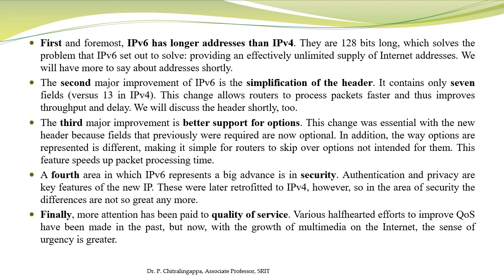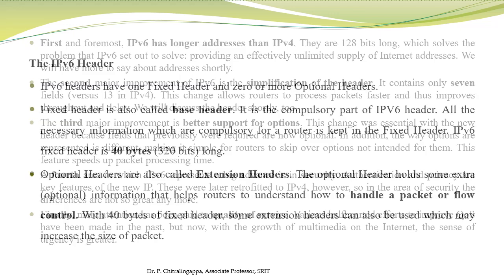This is one salient feature of IPv6, and the second one is the simplification of the header. The third one is better support for options, security, and quality of service. By observing these features, we are moving from IPv4 to IPv6.